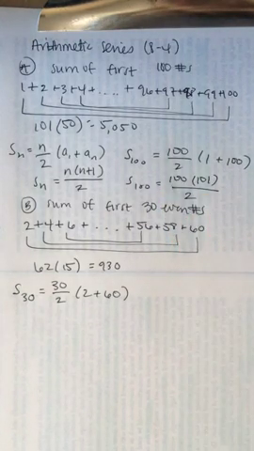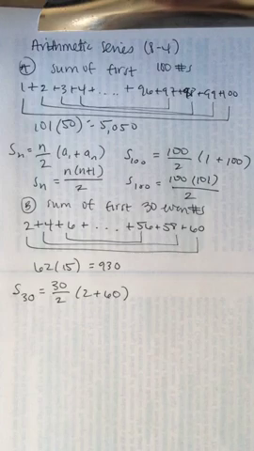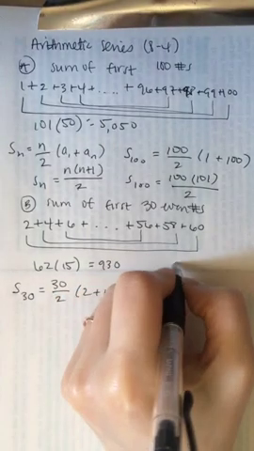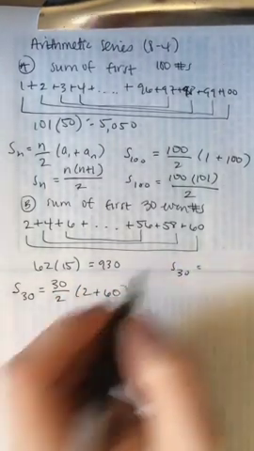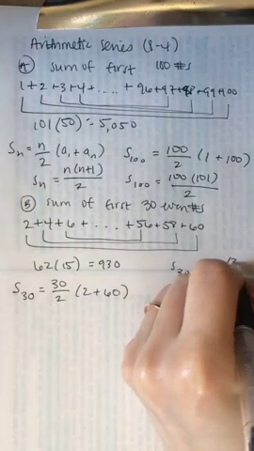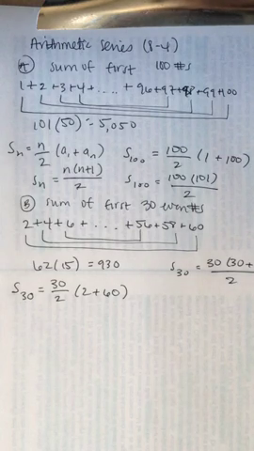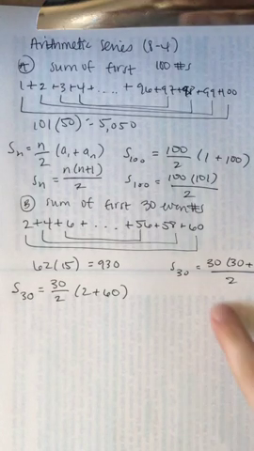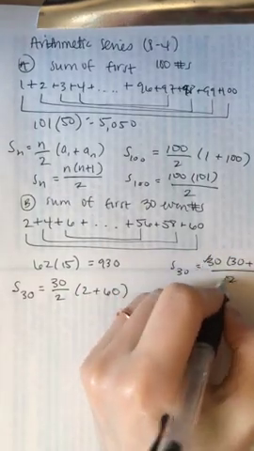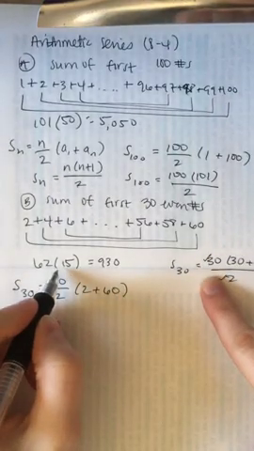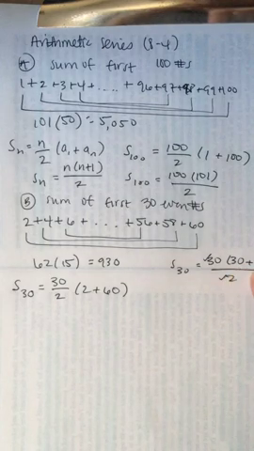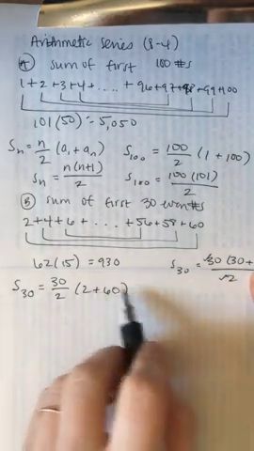Now let's look at it for the first 30 even numbers. If I said S of 30, I would have 30 numbers. I'm doing 30 times 30 plus 1, divided by 2. What is the issue with this? The issue is that, okay, 30 and 2, we like 30 and 2 because that gives us 15, but the 30 and the 1 should actually be multiplied by 2.